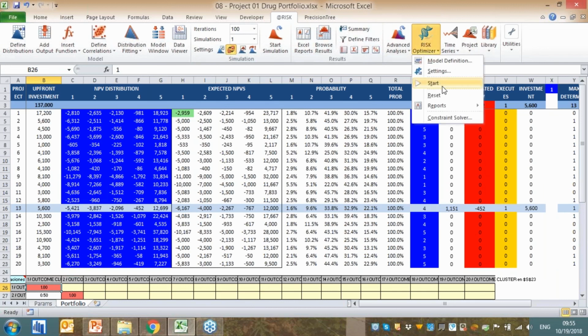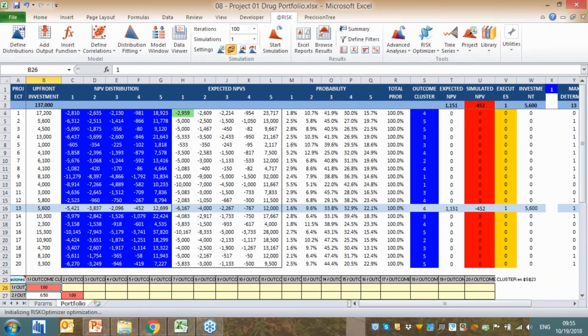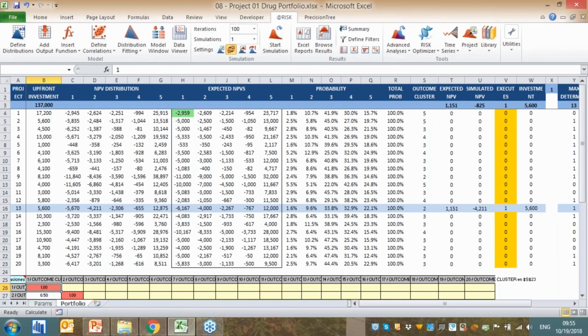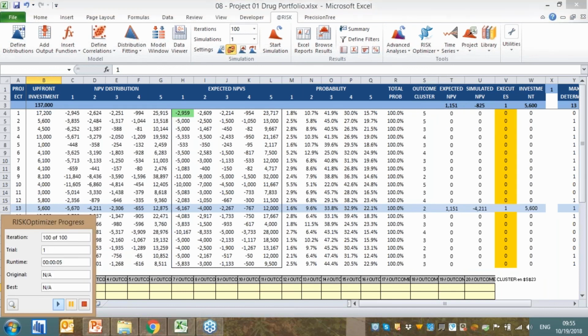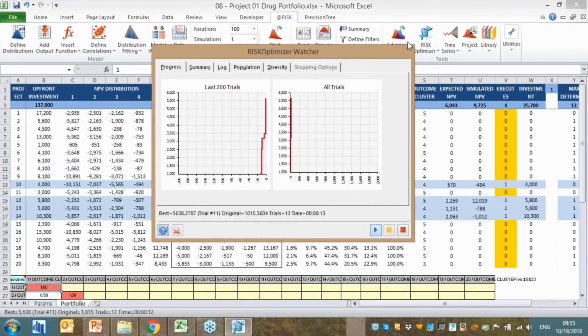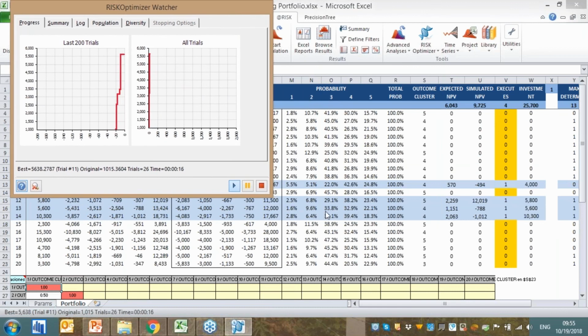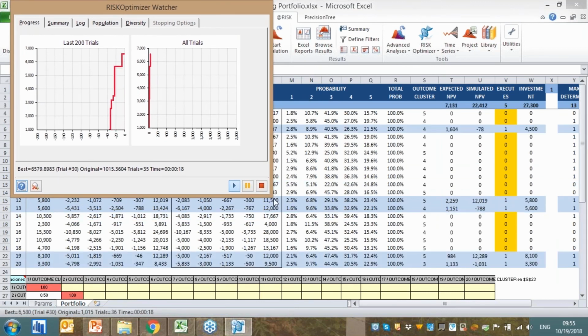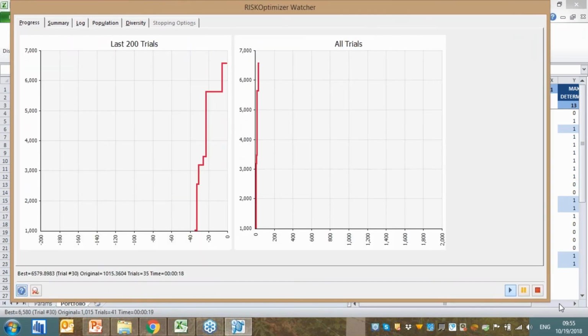Let me start my simulation, my optimization again, and see if I may eventually get a different output. Now, one simplification, let me insist on this, I've already mentioned that, but one simplification here is that the correlation coefficient between each one of the projects and all of the rest of them is the same, in this case 50%. That is obviously not necessarily the case.